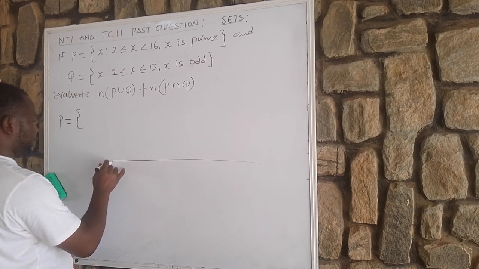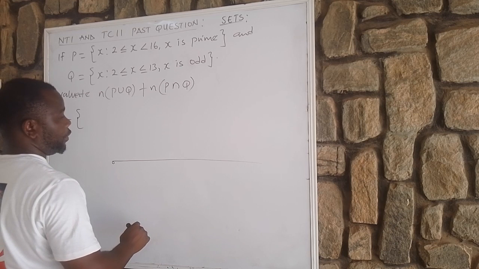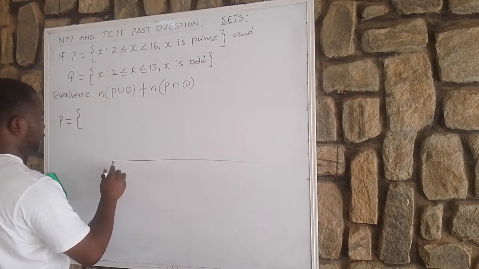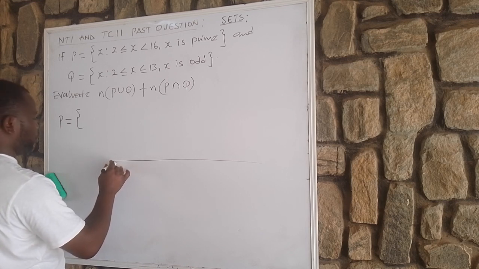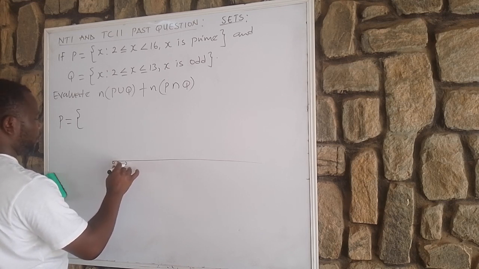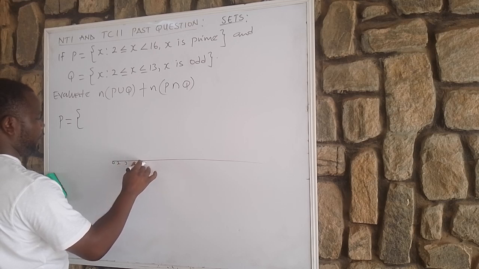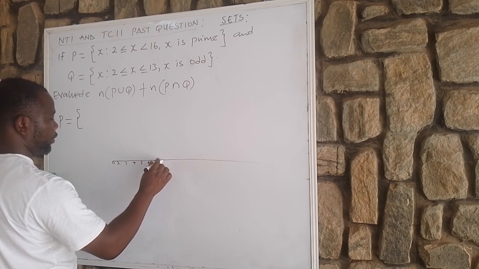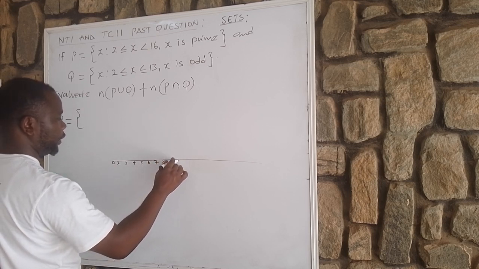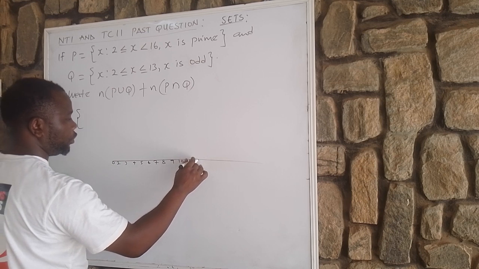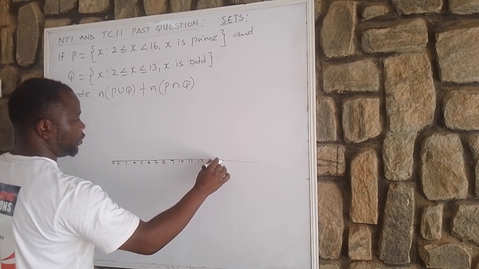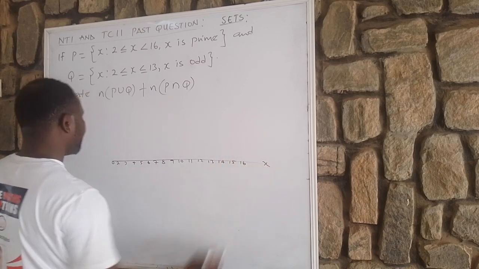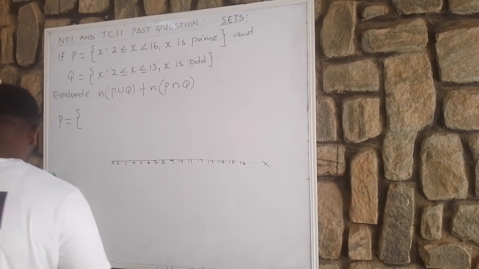We assume that this is X. Since there is no negative, from here we have 2, 3, 4, 5, 6, 7, 8, 9, 10, 11, 12, 13, 14, 15, and 16.